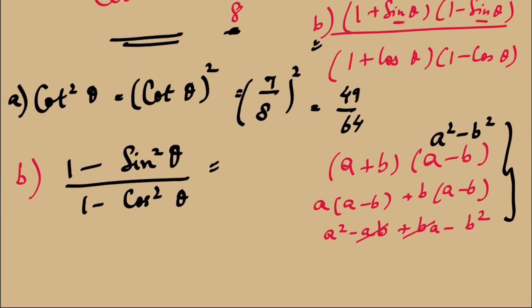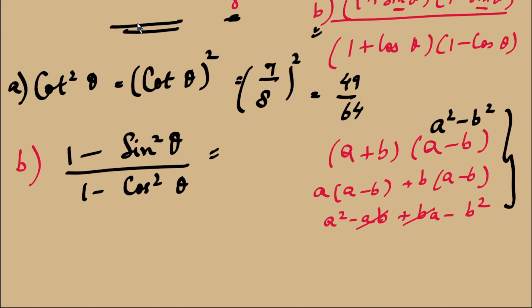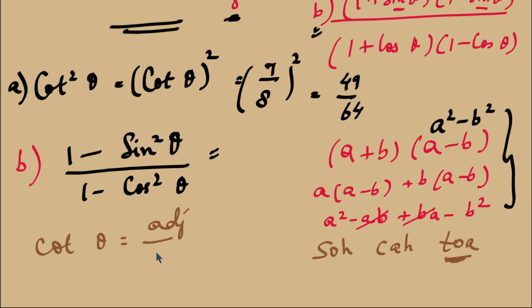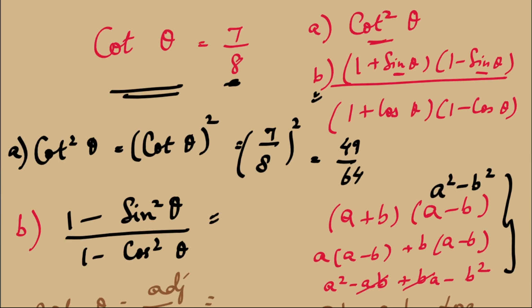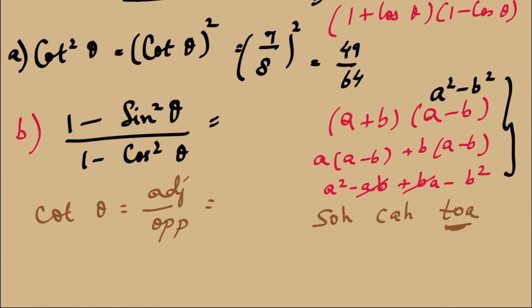If we want to recollect the ratios again, let me write SOHCAHTOA. Cot theta is just the reciprocal of tan, so cot theta is equal to adjacent by opposite. This is given to be 7 by 8.